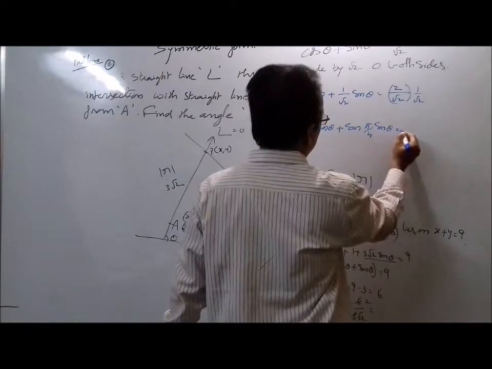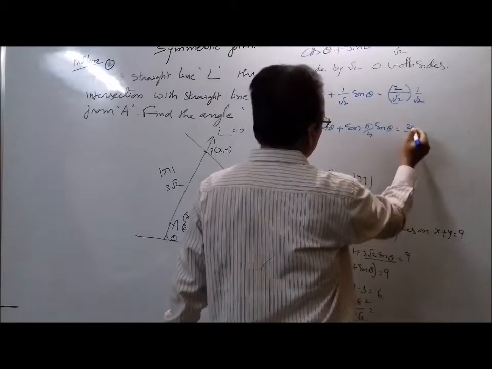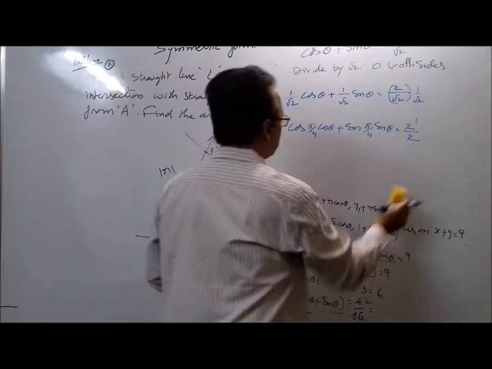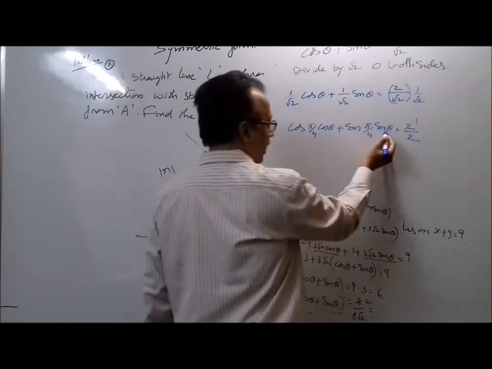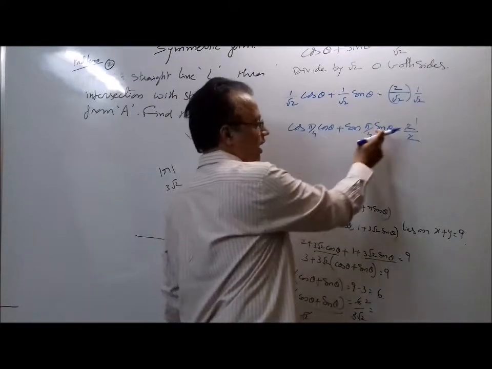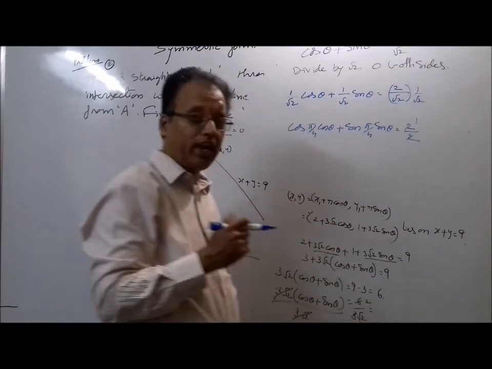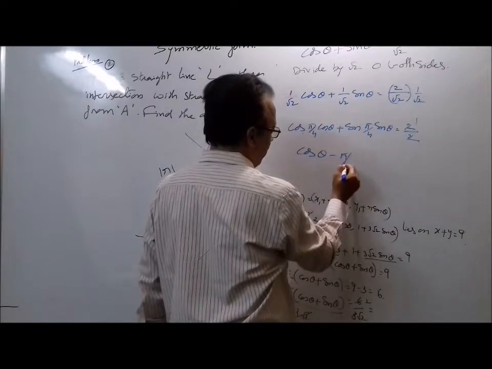So this is cos theta cos pi by 4 plus sin theta sin pi by 4, which is cos A cos B plus sin A sin B, that is cos of theta minus pi by 4.